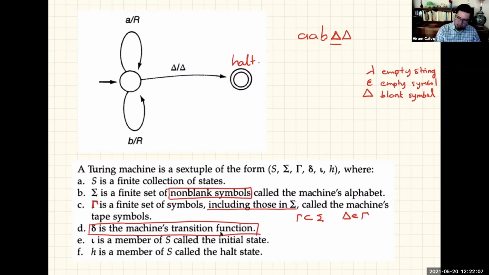If you need to check your notes, please do it. But I want to ask you, in deterministic finite automata, what was delta? In the case of push-down automata, what was delta? Tell me the difference between this delta in DFA and push-down automata.